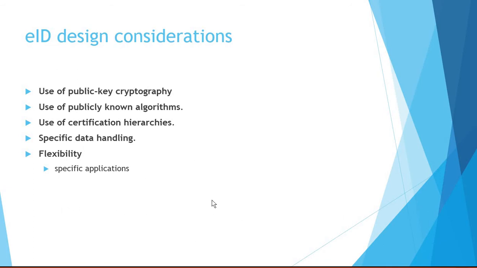And here the data, like the personal information, the identity details like date of birth, name, their photographs and all, right? And any special information like whether they are disabled or not, all those data will be stored in the identity file, and their address information will be there in the address file.